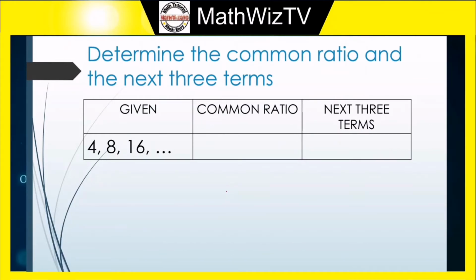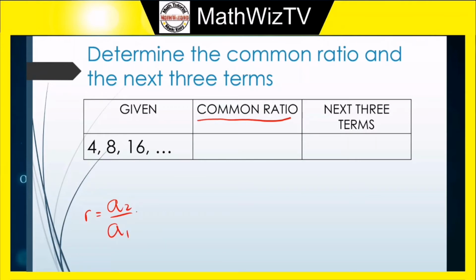Determine the common ratio and the next three terms. In here, we are given 4, 8, and 16. The first thing that we need to do is to find the common ratio. And again, what is the formula in finding the ratio? To find the ratio or common ratio, what we will do is divide the second term by the first term.